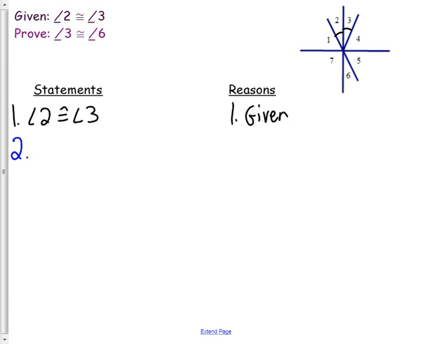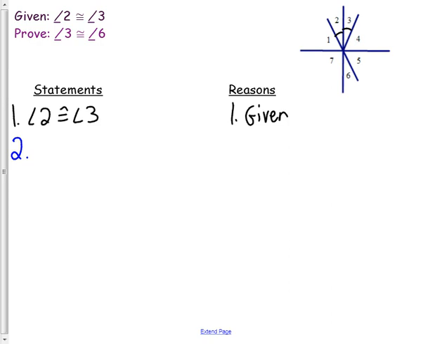Typically, when we're looking at a diagram, we're looking for something marked. There was nothing marked on this diagram. So what else can I look for on a diagram that I could possibly use? We have supplementary angles. Well, we don't have any pair here of 2 angles that form a line, so that one is out.